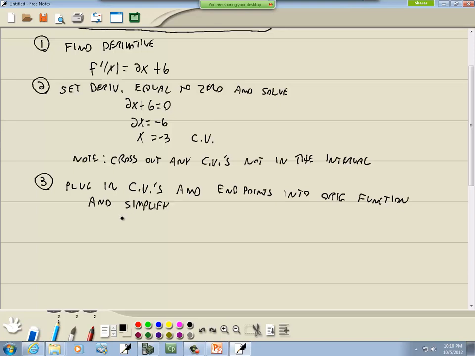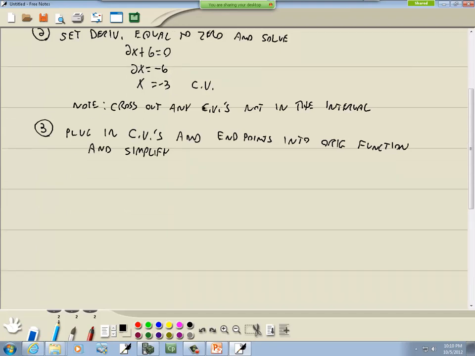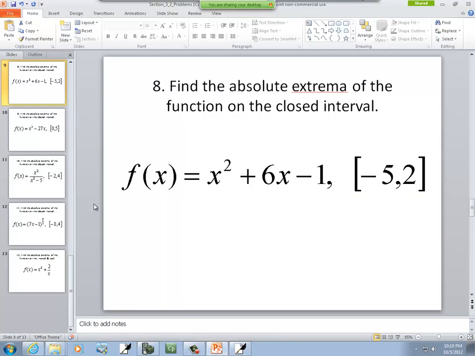Well, our interval was negative 5 to 2, so we want to plug in negative 5. We want to plug in negative 3, that's our critical value, and then we want to plug in our other endpoint, which is 2, back into our original function.